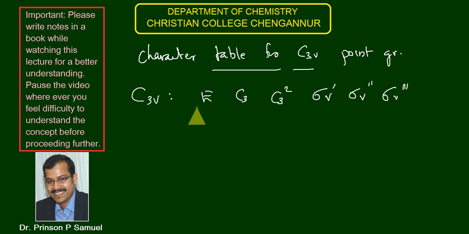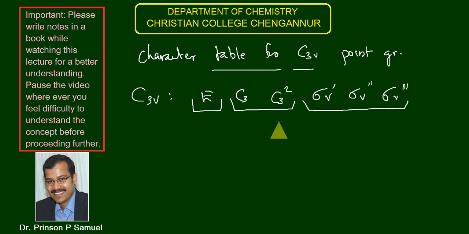By similarity transformation, E belongs to one particular class, C3 and C3 square belong to another class, and sigma v dash, sigma v double dash, and sigma v triple dash belong to another class. So there are 3 classes in the C3v point group.